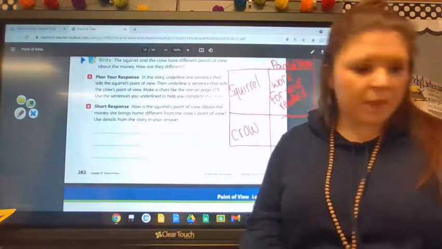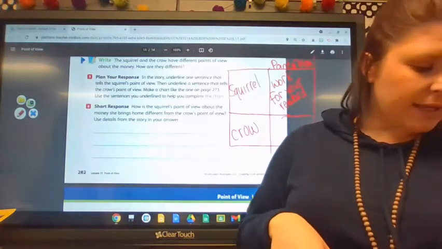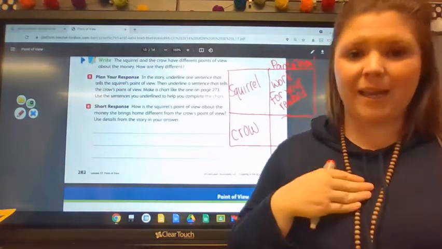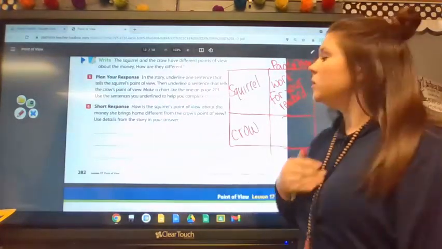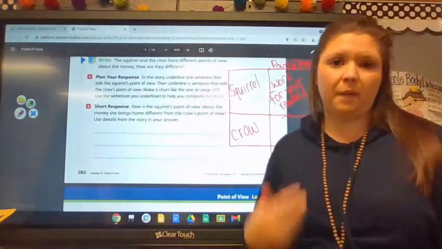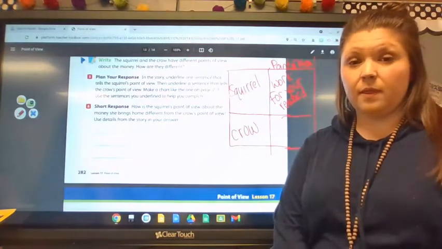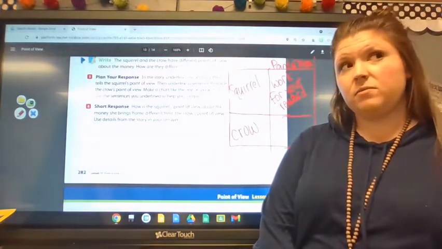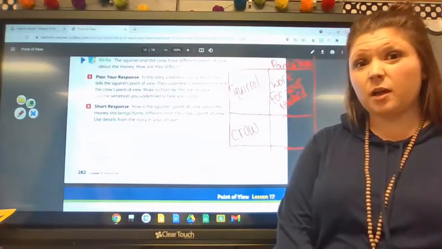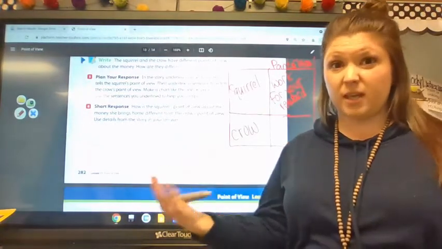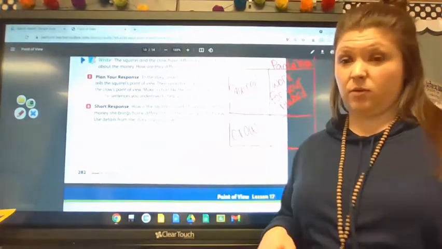Okay? But the crow said, let us count and divide the money so I can take my share. So what's the crow's point of view about the money? The crow's point of view is that you don't have to do any work, but you still get something out of it, right?